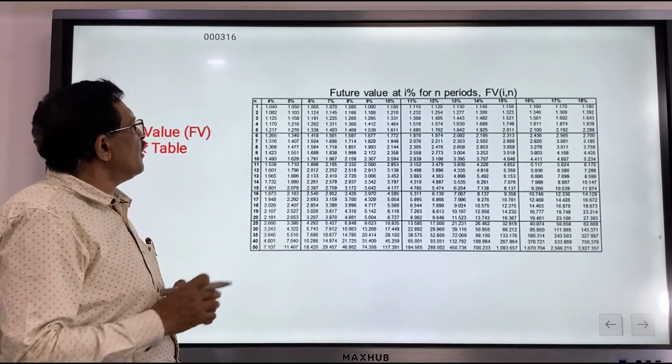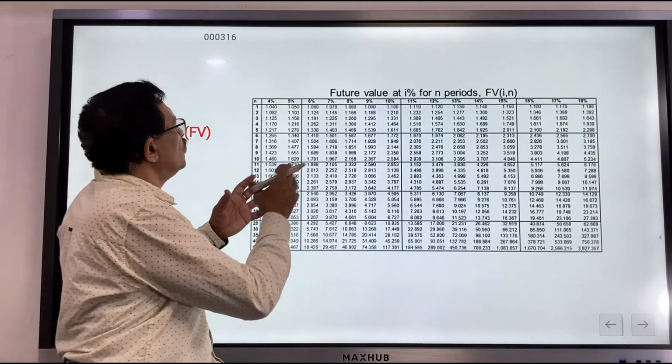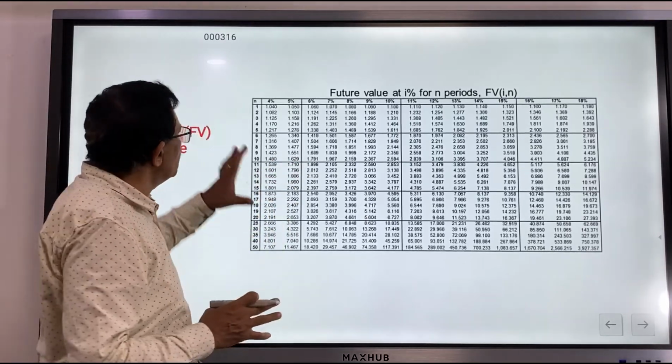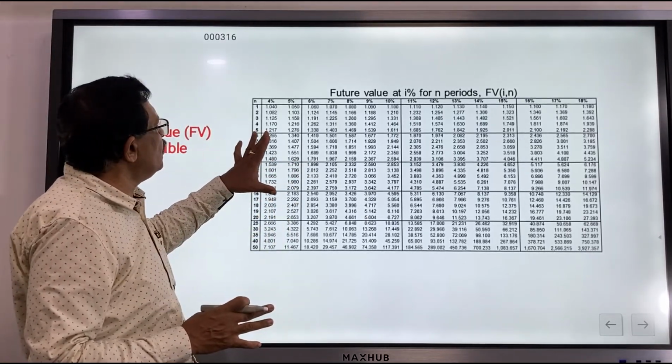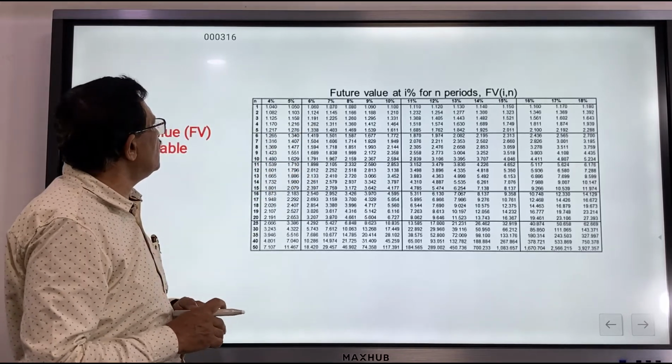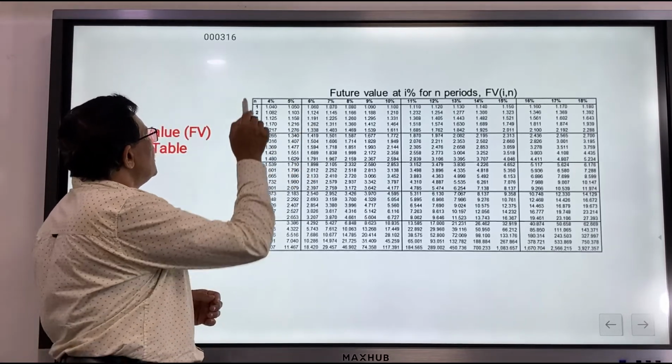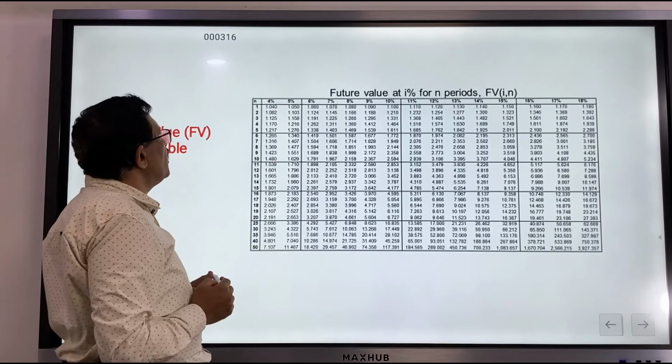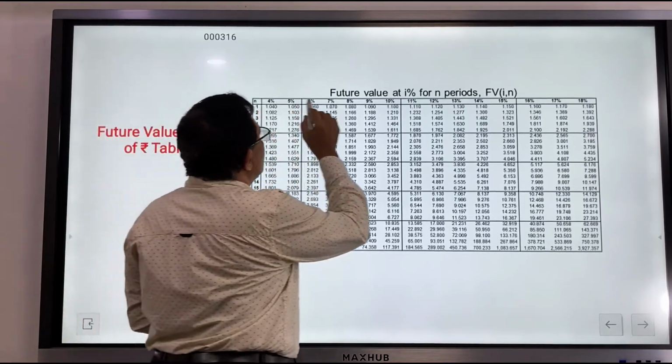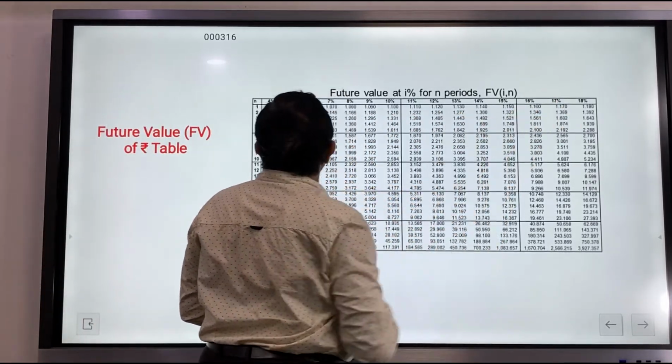Let me go with an example to make you understand how this table can be used. This table is made for 1 rupee. These are the number of periods, these are the various interest rates.